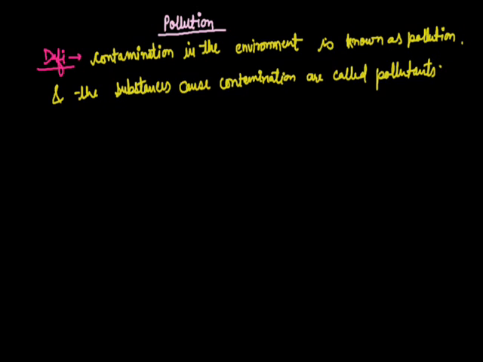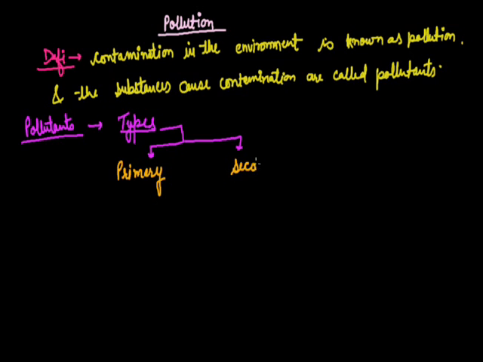Now, pollutants can be categorized in two categories. These are of two types. The first category is called primary pollutants and the second one is known as secondary pollutants. The primary pollutants are the pollutants which are less harmful to us because they cause a direct effect on the environment.